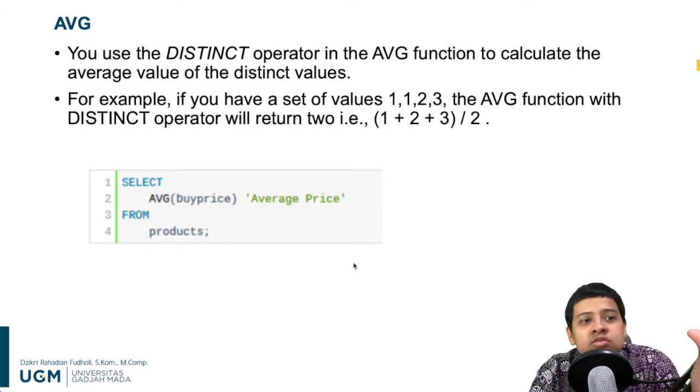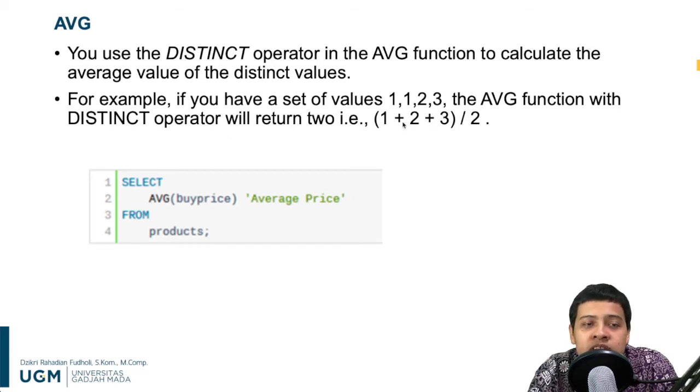If you use the distinct operator in the AVG function, it just calculates all of the distinct values. For example, if you have a set of values 1, 2, and 3, the average function with the distinct operator will return 2.